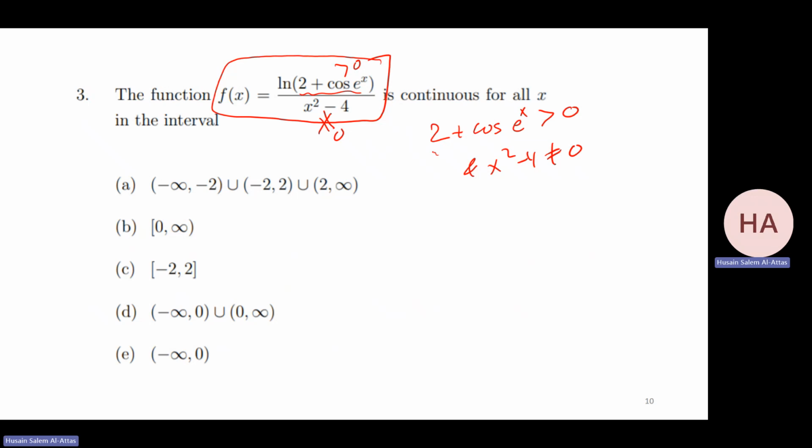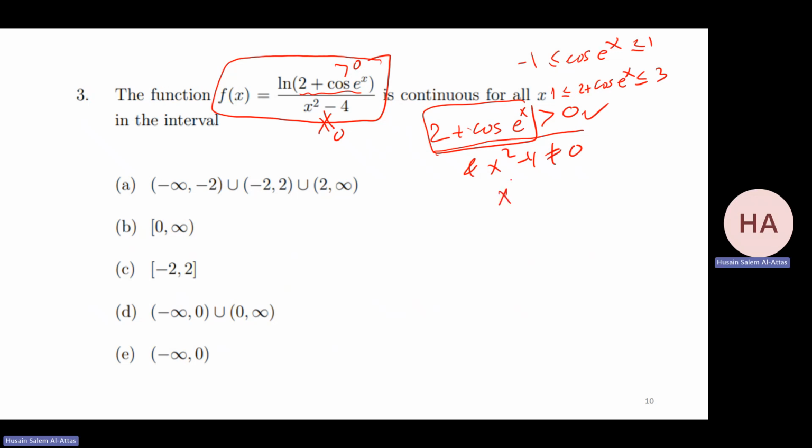If you look at these, the first is always positive, since cosine ax is always between -1 and 1, so adding 2, it will be between 1 and 3. So it's always positive. So this is always satisfied.